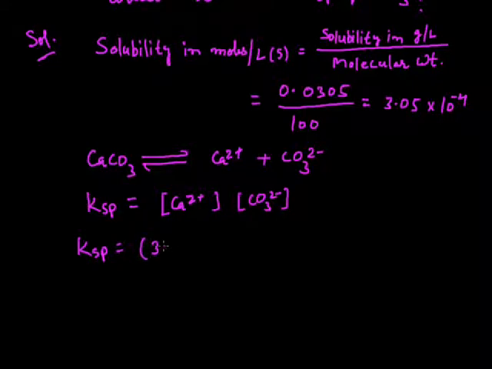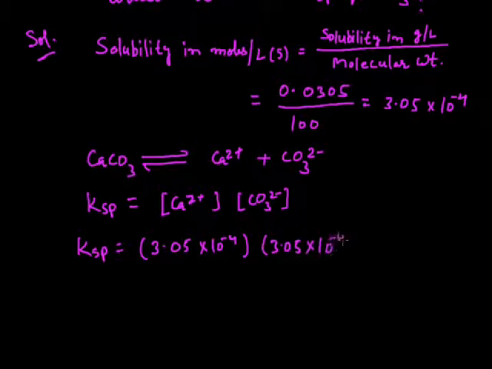It is equal to 3.05 into 10 raised to power minus 4 multiplied by 3.05 into 10 raised to power minus 4. That is 9.3 into 10 raised to power minus 8. Let's discuss another question.